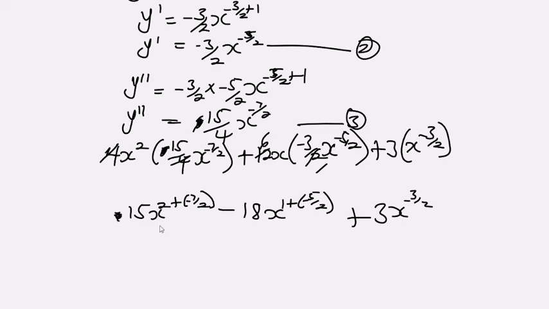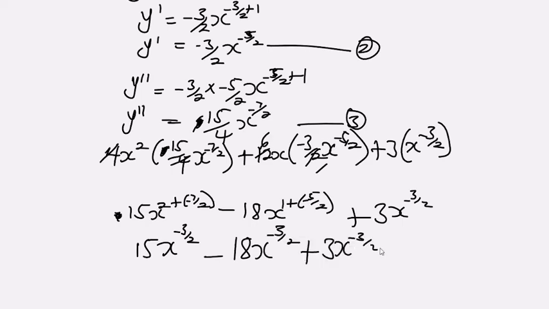Okay, so now our 2 plus negative 7 on 2 is going to give us negative 3 on 2, so we have negative 15x exponent negative 3 on 2 minus 18 x exponent negative 3 on 2 plus 3 x exponent negative 3 on 2.